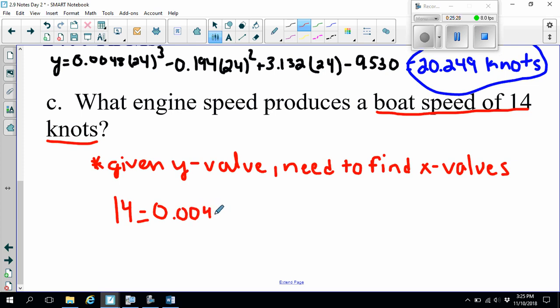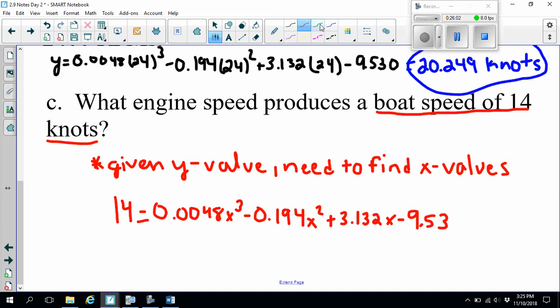You can move the 14 over by subtracting it, and then figure out what the x-intercept is, the appropriate one, because this is a real-world application. Or, like we did for the 2.2 or 2.4 graphing calculator, we could set our function equal to y1 and the 14 to y2, and then figure out where they intersect. Both ways would be correct.